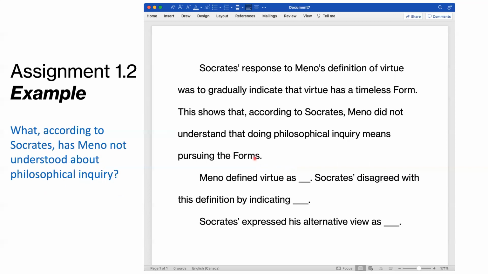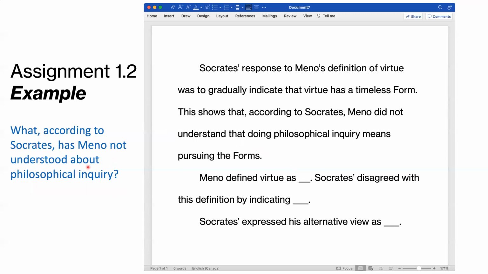Assignment 1.2, let's go through an example. The assignment was, what, according to Socrates, has Meno not understood about philosophical inquiry? Socrates' response to Meno's definition of virtue was to gradually indicate that virtue has a timeless form. This shows that according to Socrates, Meno did not understand that doing philosophical inquiry means pursuing the forms.